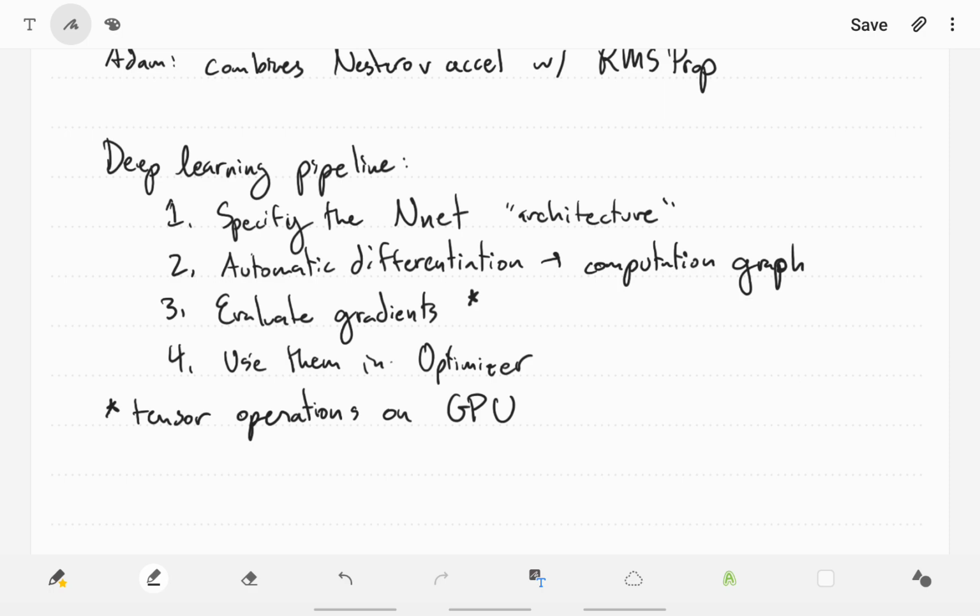The automatic differentiation does it for you. And then the GPU will evaluate your gradients and make the gradient updates fast. And then the optimizers, because they have an excellent interface in these modern deep learning frameworks, are going to also make those gradient updates in a succinct way with minimal oversight.